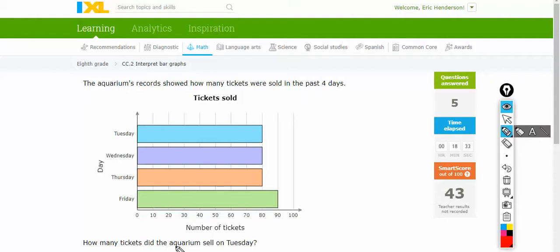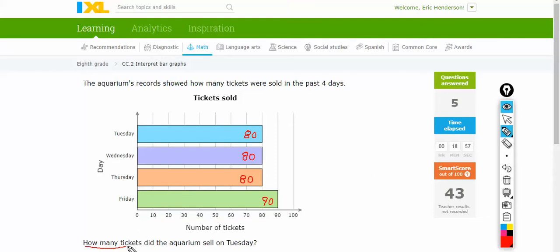So how many tickets did the aquarium sell on Tuesday? I'm going to look at all of these numbers: 80, 80, 80, and 90. So I'm looking at the numbers. The next thing I'm going to do is look at the important words in the question.